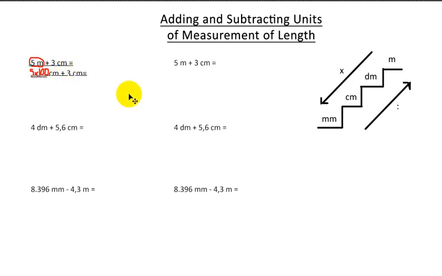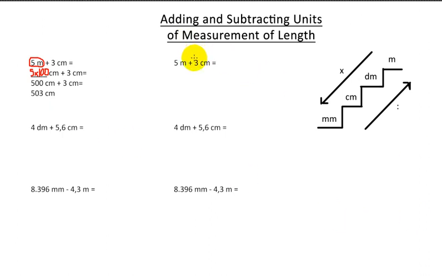Go one line below and then write the result of this multiplication. So 5 times 100 makes 500. 500 what? 500 centimeters. And then the rest we rewrite the same. And now they're in the same unit of measurement. Now I can add them. 500 plus 3 makes 503 centimeters.